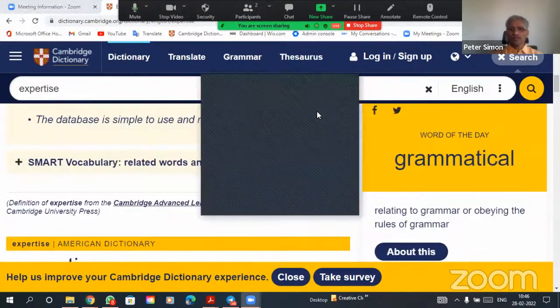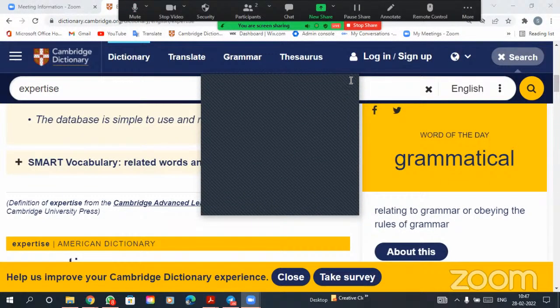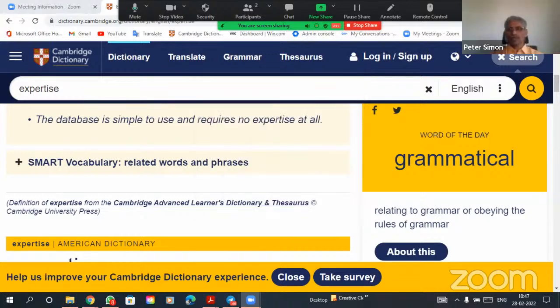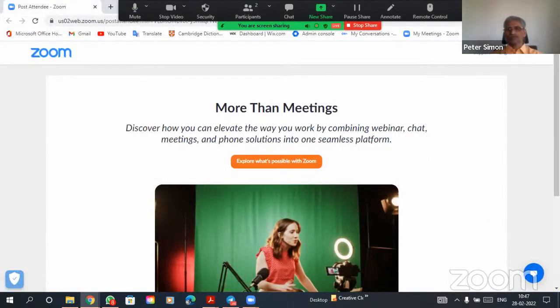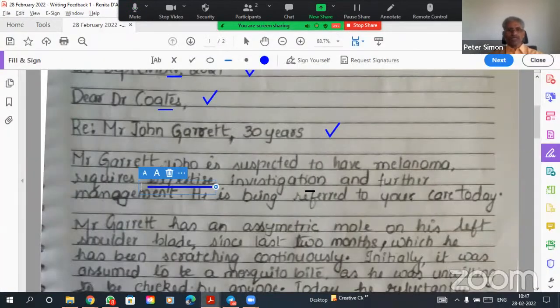Is that clear, Renita? Yes, sir. So you have used a word wrongly. Don't use it like that. Instead use special investigation, further investigation, appropriate investigation, necessary investigation. Use adjectives, not nouns.